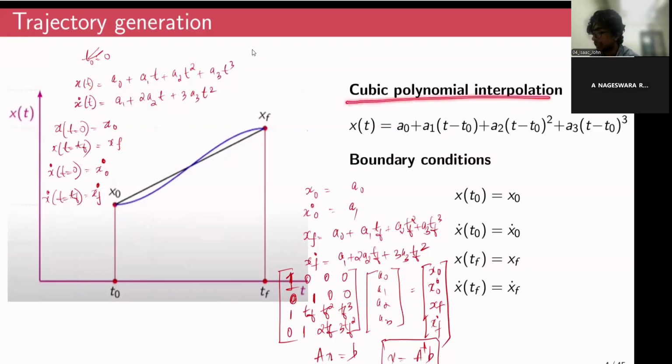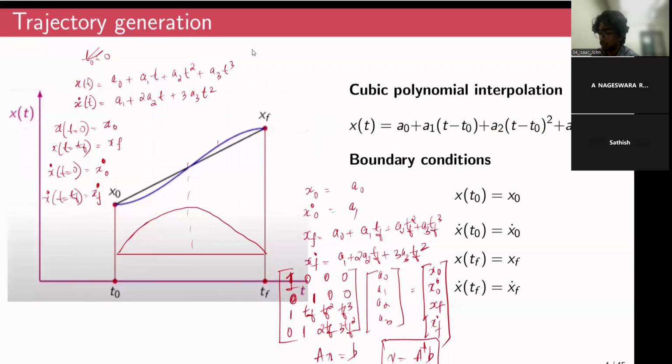Due to the fact that the cubic polynomial has degree 3, if you take the derivative of the position variable, your velocity profile would look something like this. Maybe at the middle of the trajectory, you will have the maximum velocity. So for a cubic polynomial, you will have a parabolic velocity profile.